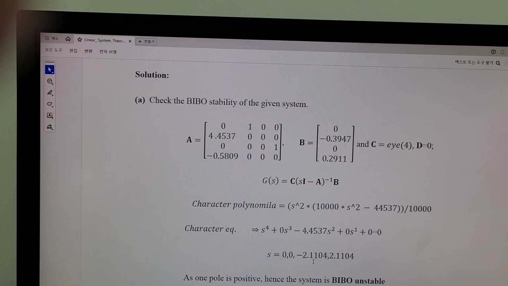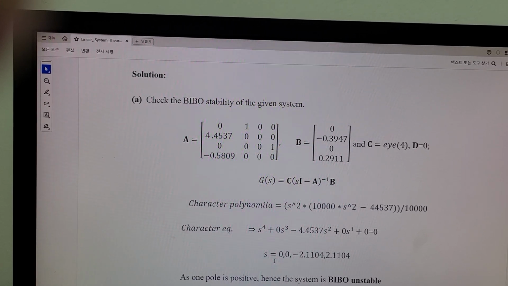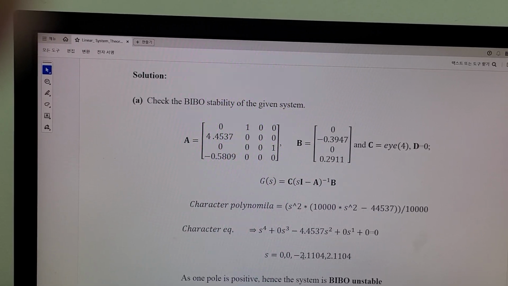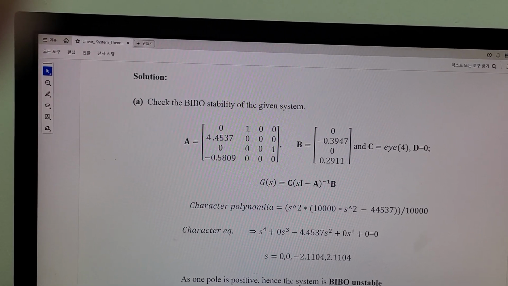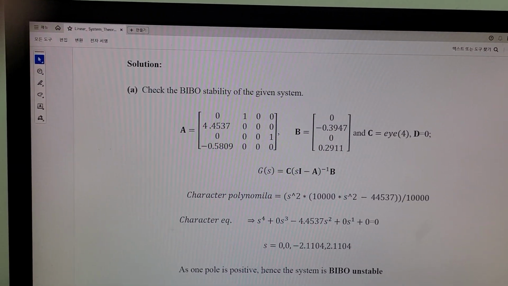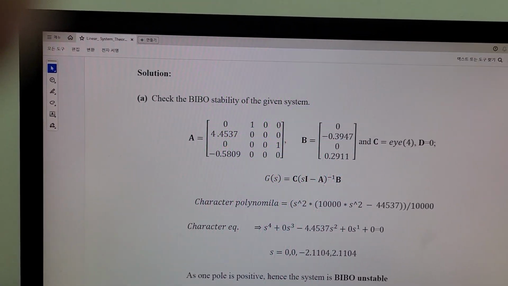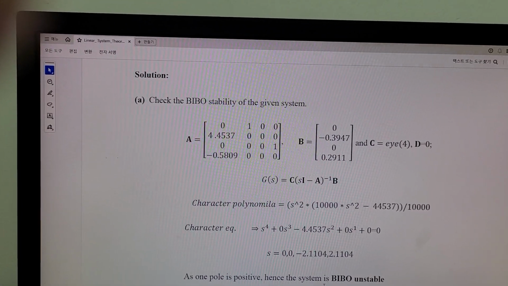By finding the characteristic equation, the roots come out to be s equal to 0, 0, minus 2.1, 2.11. As one of the roots of the characteristic equation is positive, the system is BIBO unstable.